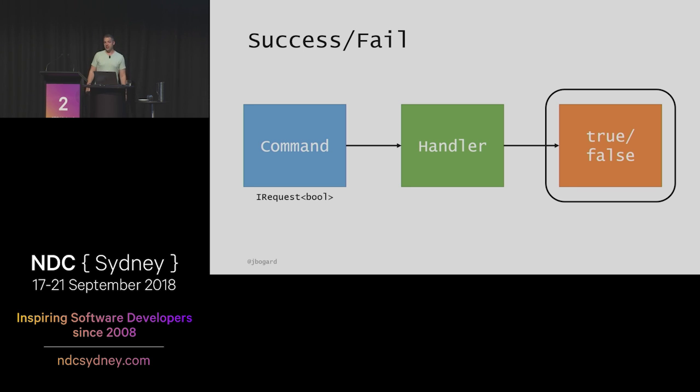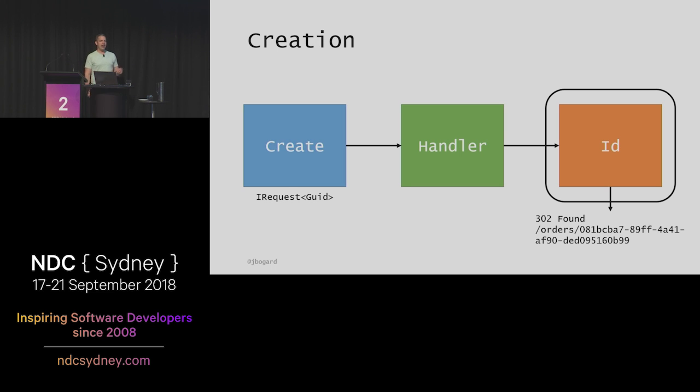There could be some cases in which I need to know some more details about what happened. So let's say I'm actually in this application creating something, like creating a student or creating an order. I need to know some information about what just happened. So in this case, my response could be the ID of the thing that was created.